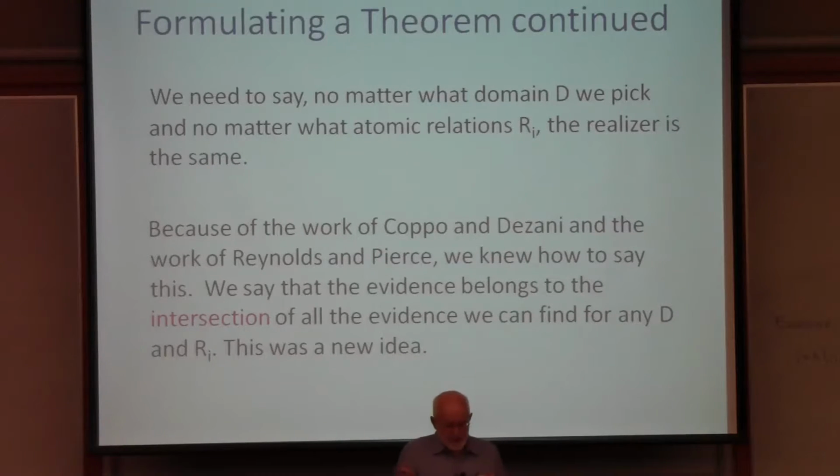It means to say no matter what domain we pick, so whatever type is the domain of discourse D, and no matter what atomic propositions we're given, the realizer for the formula will be the same. It'll be invariant under our choice of domain and the meaning of those atomic propositions.